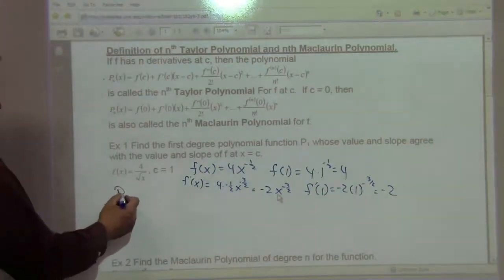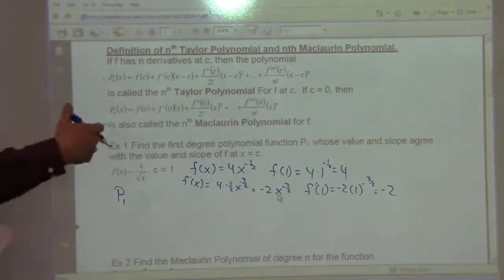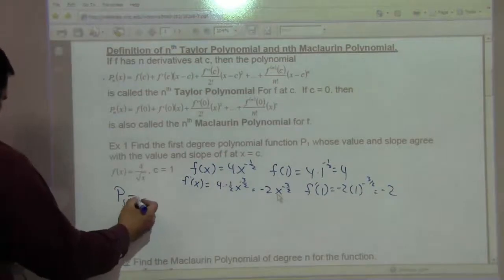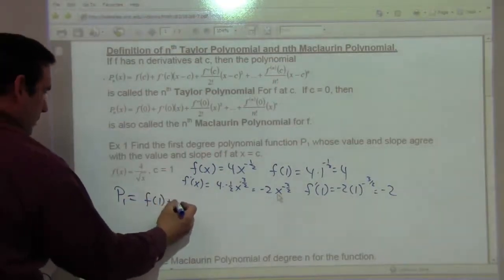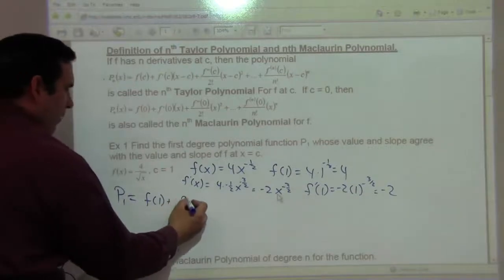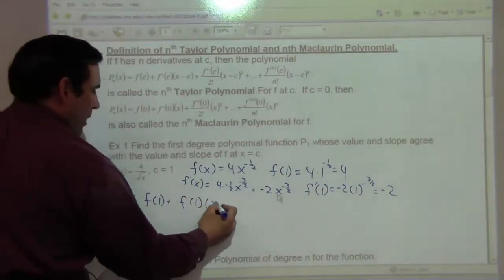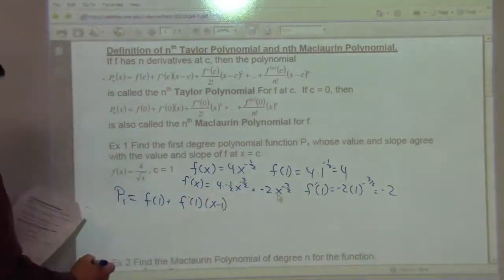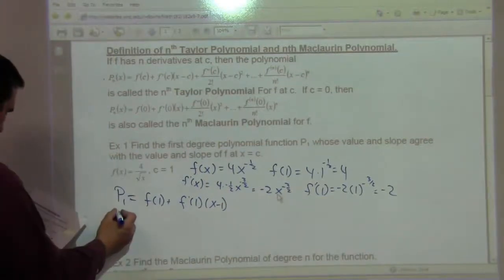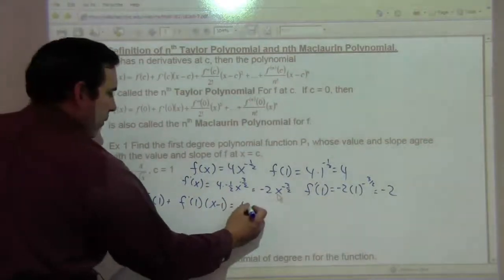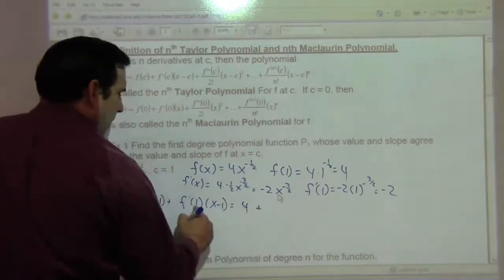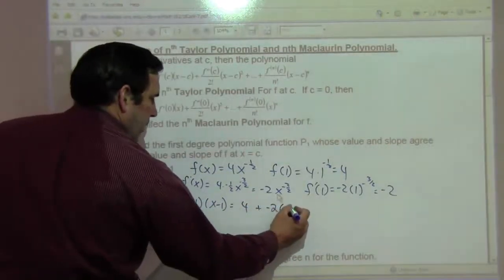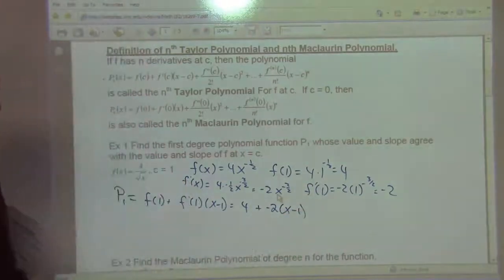So our p1, our polynomial of degree 1, is going to be f of 1 plus f prime of 1 times x minus 1. That's going to be 4, since our f of 1 was 4, plus f prime of 1, which is negative 2, times x minus 1.